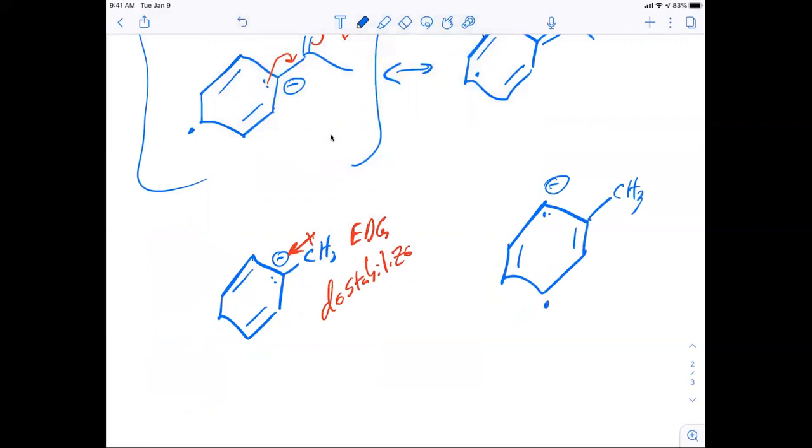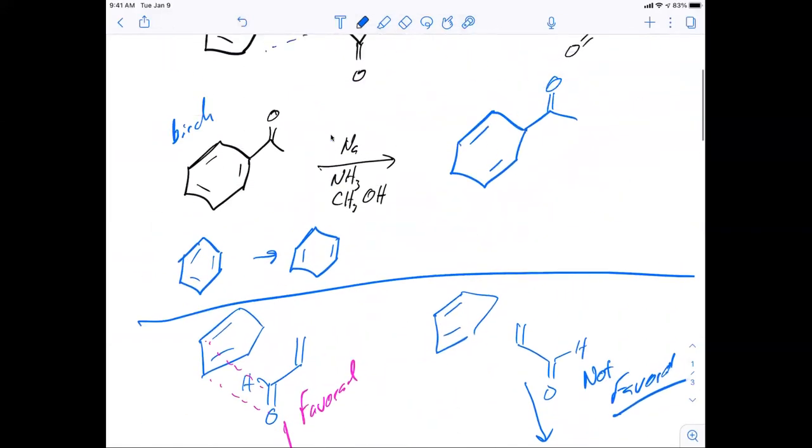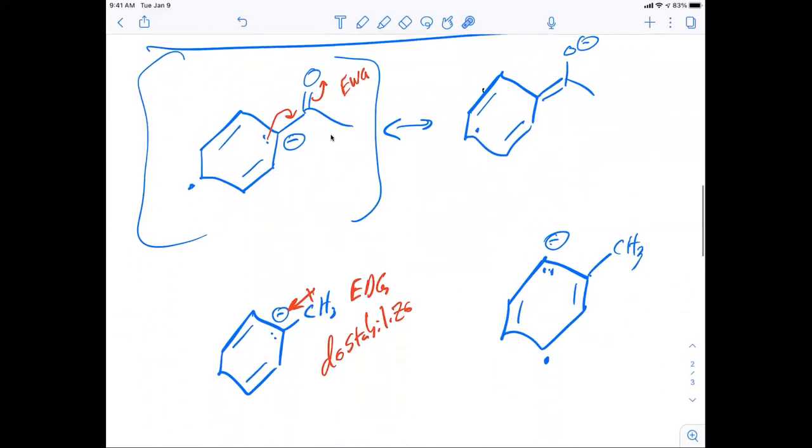Because then we don't have that destabilization of increasing the electron density. So electron withdrawing groups stabilize that, and that's why we get this structure. So if that's an electron withdrawing group, we want the isolated groups not attached to the same carbon as the electron withdrawing group. And if it is an electron donating group, then we want the carbonyl on that, so it'll destabilize that negative. Yes, sir.